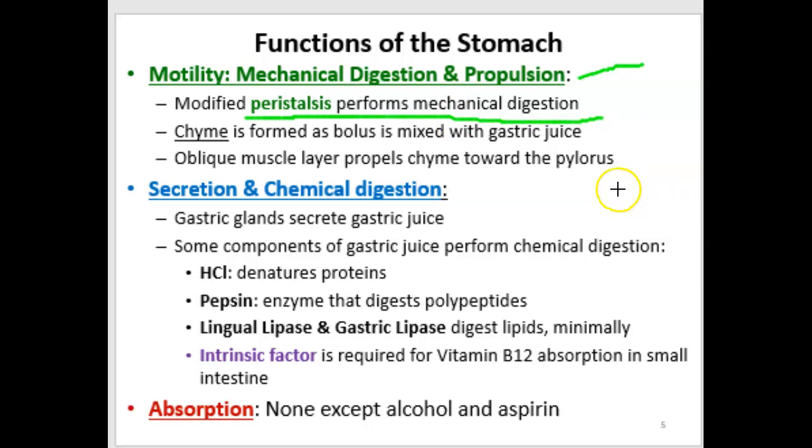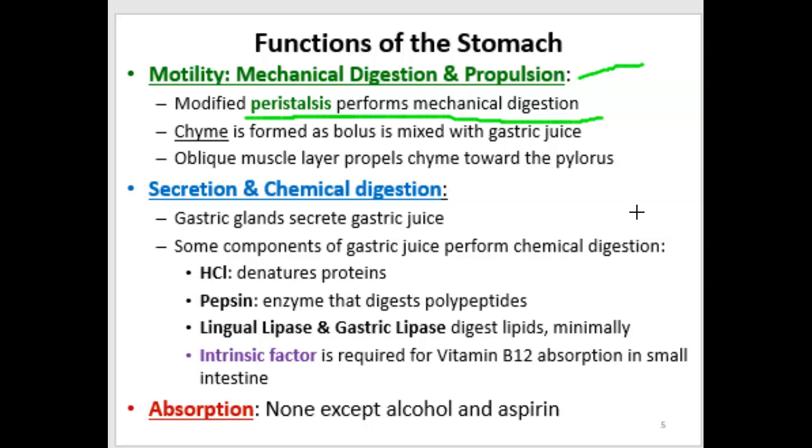And as a result of pushing on and kind of kneading, like you knead bread, kneading the food bolus, the bolus now is going to become more liquidy because it gets mixed with the gastric juice and all that mucus, and there's some water in the gastric juice.